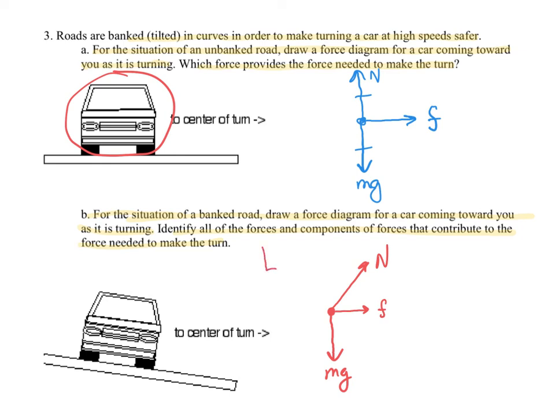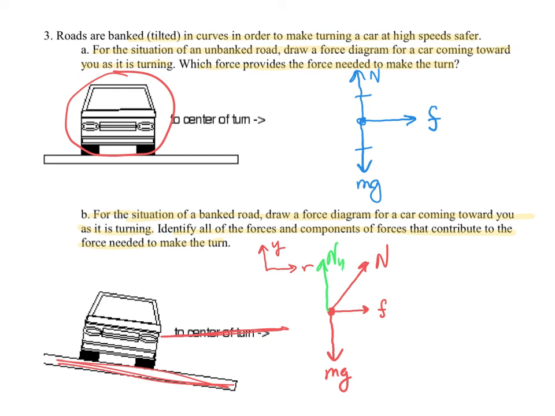Now I've got the radial direction and I've got the y direction. Notice how I point one of my axes along the radius of the circle. The center of the turn is still a horizontal circle. It's just that the road is banked at this angle all the way around. The car is moving in a circle in a horizontal plane. So I actually have to draw components for the normal force now.